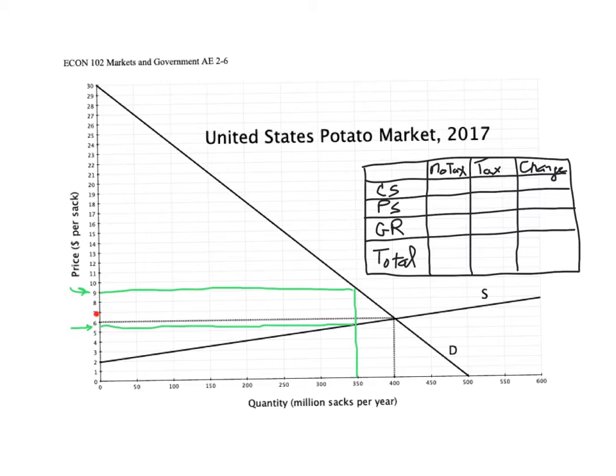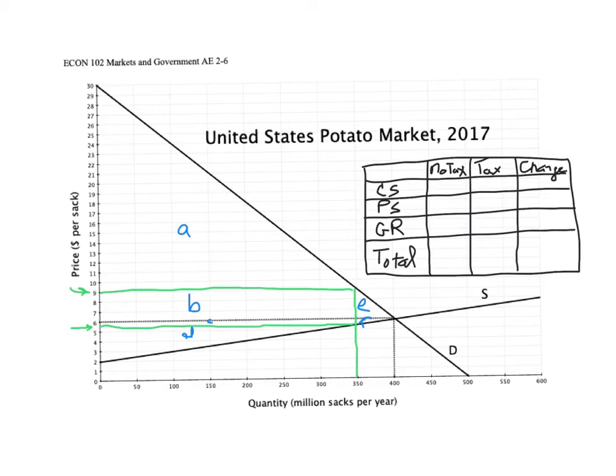I've got the price without the tax, the price with the tax, the quantity sold with the tax, and the quantity sold without the tax. So now it's just a matter of labeling areas. A, B, this little skinny rectangle will be C, D, E, and F. Just the way I labeled them in class, I think.